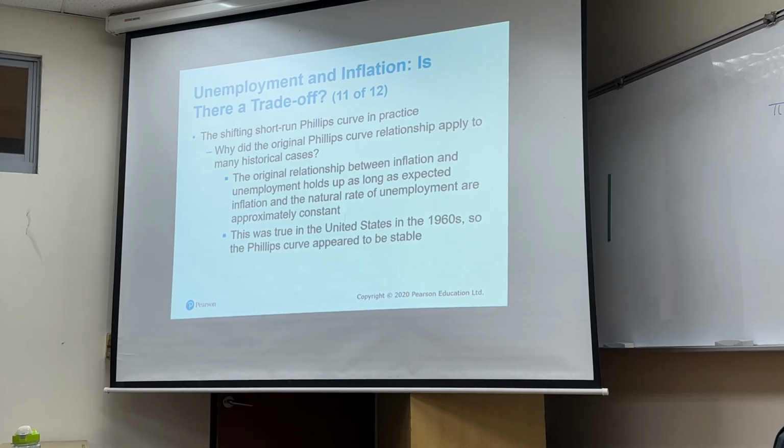Okay, so the question here: why did the original Phillips curve relationship apply to many historical cases? Basically, if you look at the situation of various economies, the way it runs is based on a model, aggregate supply and aggregate demand, or in the next semester, we're going to talk about IS-LM.